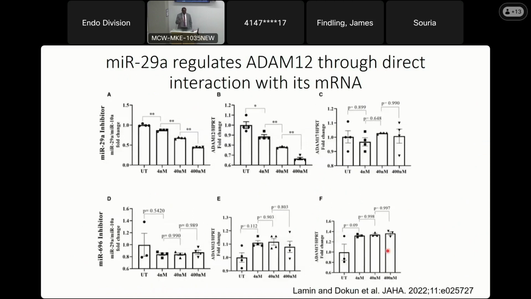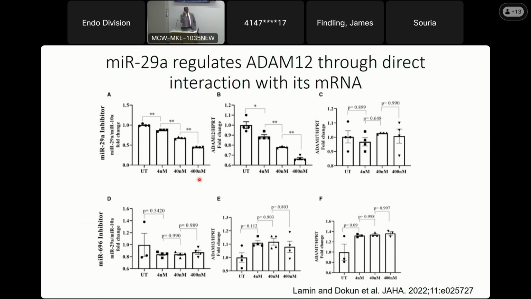The next question we asked then was, is miR29 regulating ADAM12 through direct interaction with ADAM12 mRNA, or is this something that's indirect? To get to that answer, we did a series of experiments in which we titrated different doses of an inhibitor to miR29 into lysates from endothelial cells, and then did AGO2 IP.